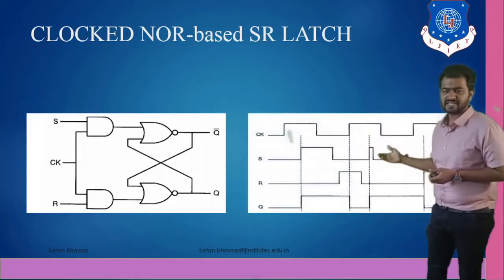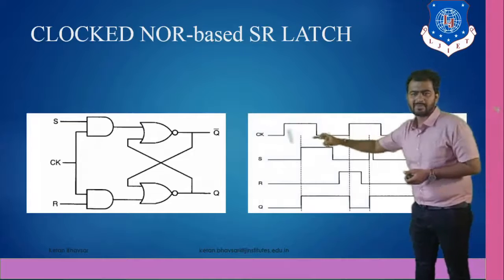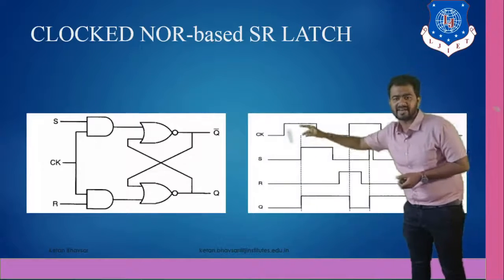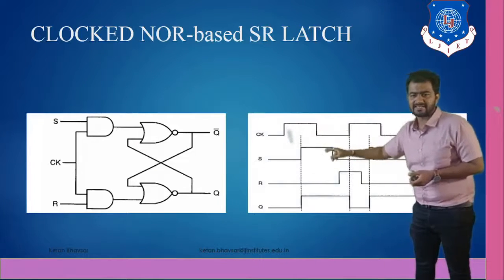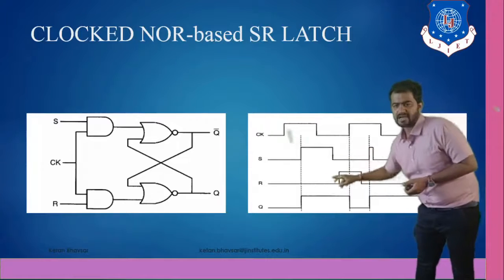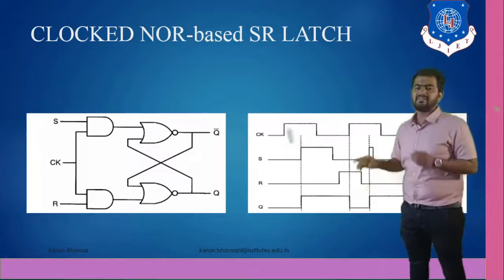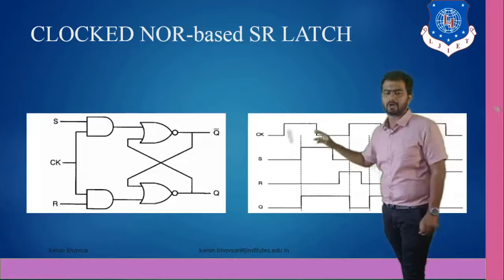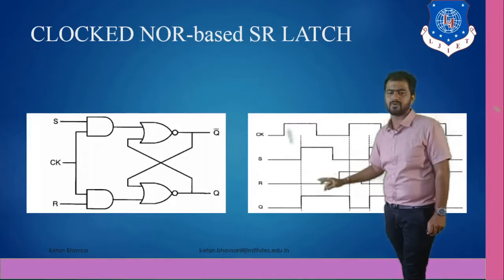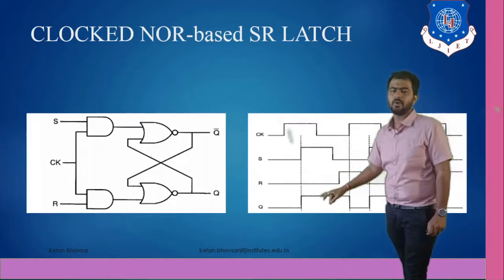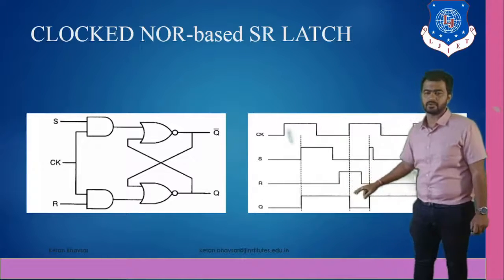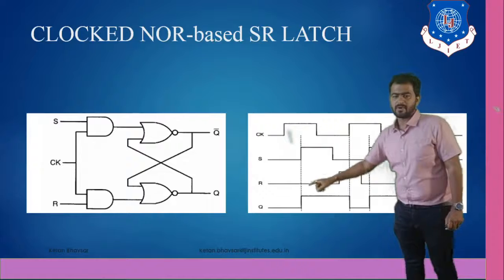And this one is the waveform that, as you can see, this one is your clock pulses, right? The clock pulses in terms of rising and falling. You apply the S, you apply the R over here. As you can see, when you are working on the active high based concept, when your clock pulse is high and your S is equal to 1, then your output is equal to 1, as you can see. And it remains high until your next clock pulse goes high.